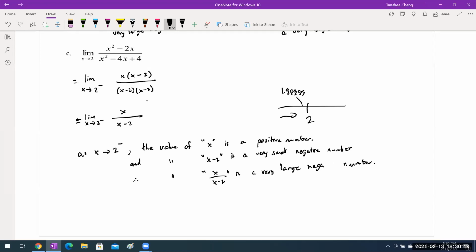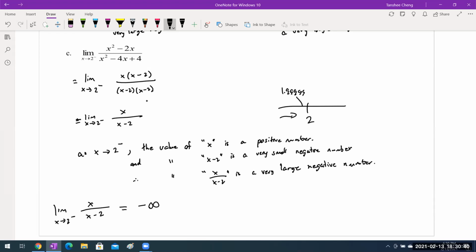So now I can conclude that the limit as x approaches 2 from the left-hand side of the function x over x minus 2 is equal to a very large negative number, which is negative infinity in this case.